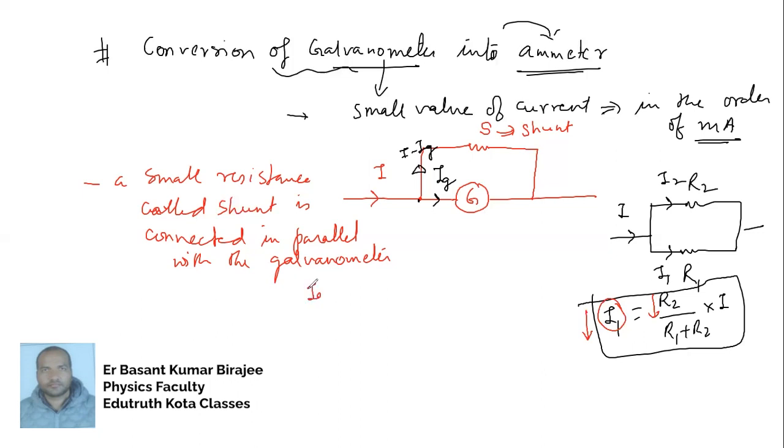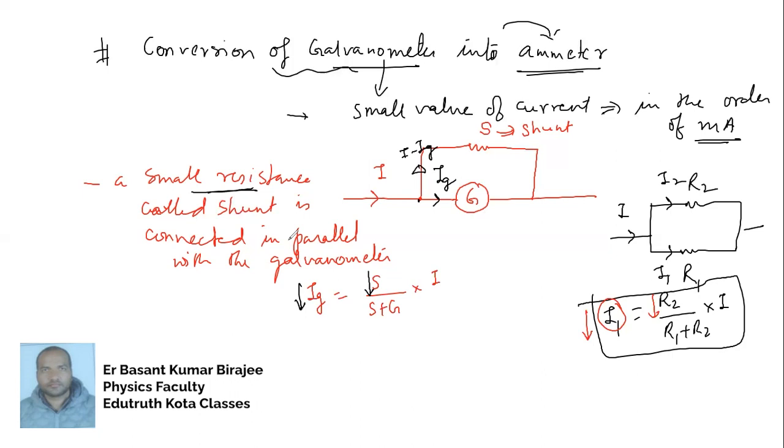Here we have Ig equal to the shunt resistance divided by the total resistance, into the total current. And see, the value of current through the galvanometer will be small when your shunt resistance is small. That's why we take a small resistance here.